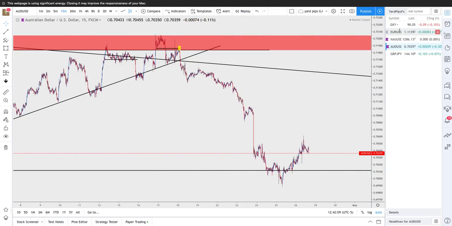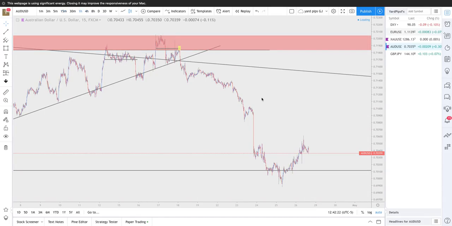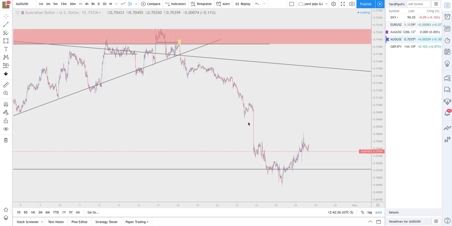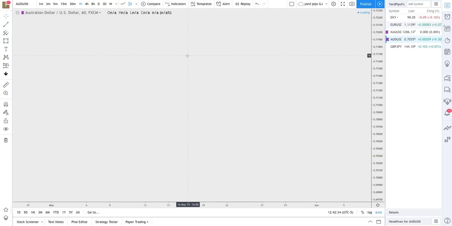And in conjunction with everything else I've been saying today, with Euro transitioning, looking like it's going to push to the upside, gold transitioning, looking like it's going to push to the upside, it's the same story on Aussie. If we look at Aussie's H1 structure, wow, TradingView, you are really moving slow today.